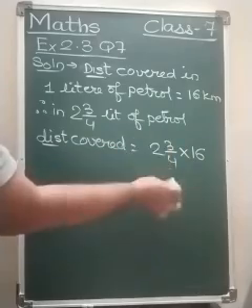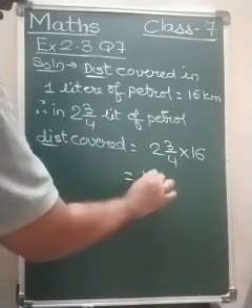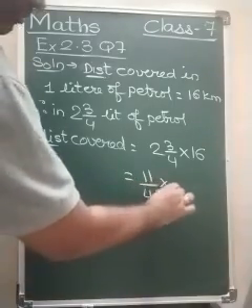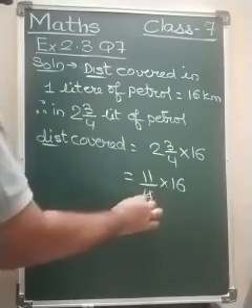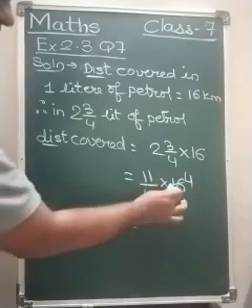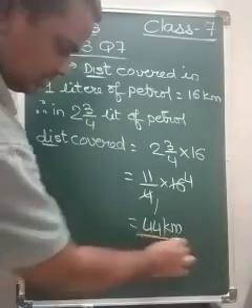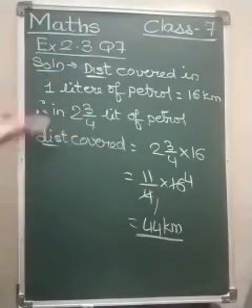Convert this into an improper fraction. 4 2s are 8, 8 plus 3 is 11, 11/4 multiplied by 16. 4 1s are 4, 4 4s are 16. So this equals 11 into 4, 44 kilometers. Done. Easy sum.